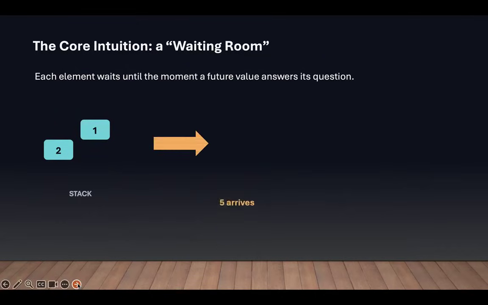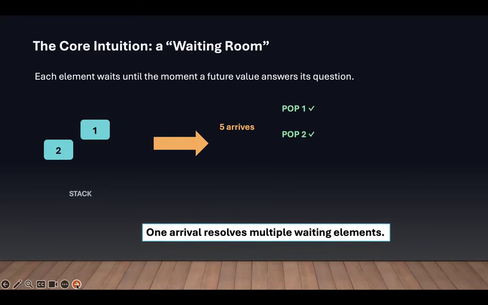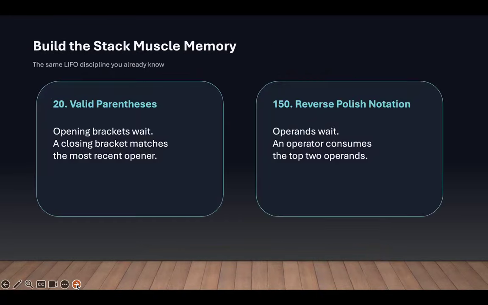And then 5 arrives. Since we're solving the next greater element question, we pop 1. Why? Because 5 is greater than 1, and we are also going to pop 2. Why? Because 5 is greater than 2. So we have found the next greater element for multiple elements in the waiting room, or the stack, right? That's why one arrival resolves multiple waiting elements.